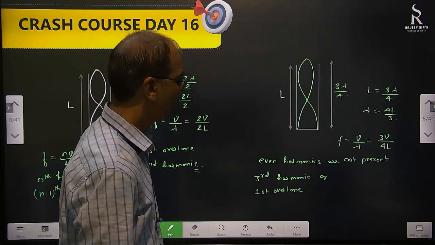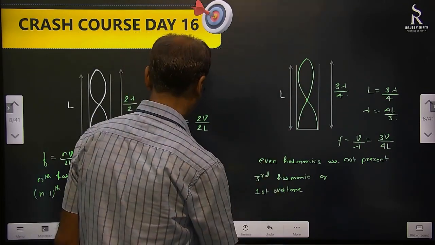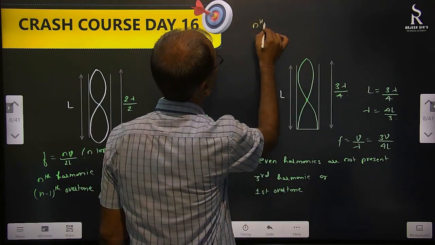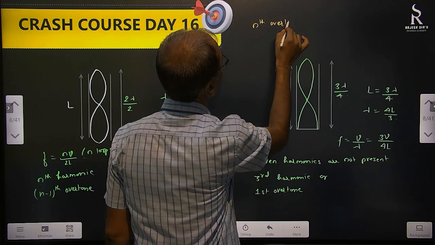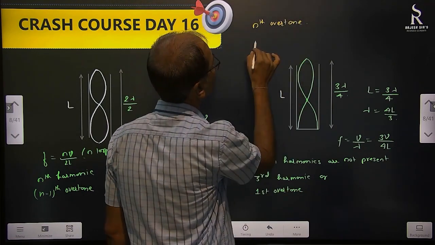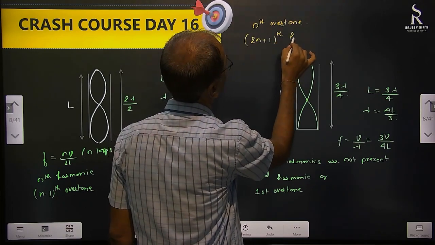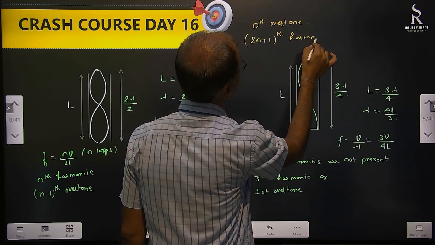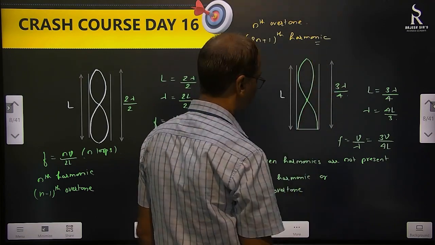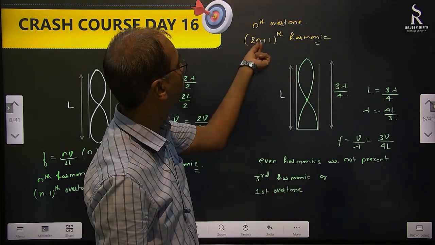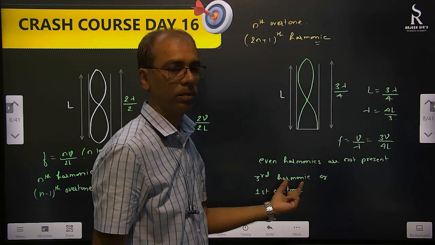Okay, so if I say in this there is nth overtone, then which harmonic it is? 2n plus 1 harmonic. You can check that one. If here overtone is 1, let's put 1 over here, 2 into 1 plus 1, third harmonic.